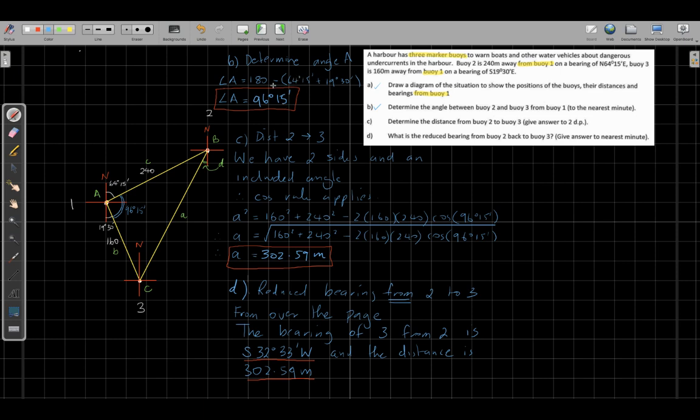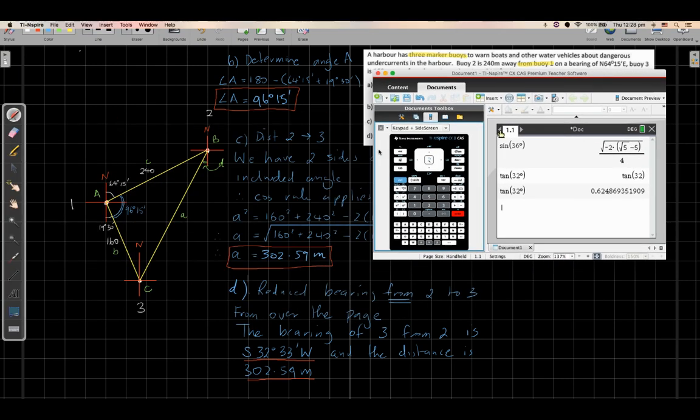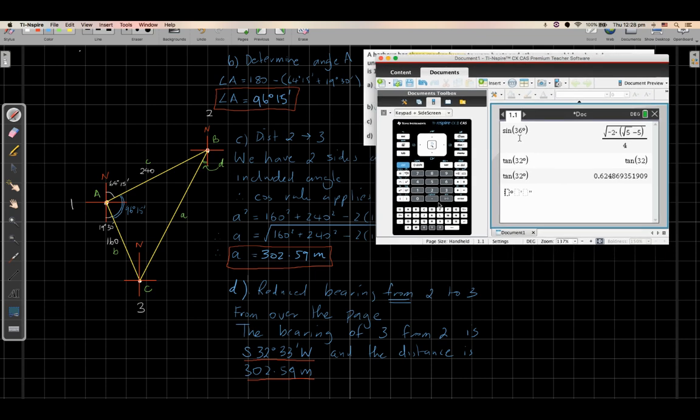So 180 minus bracket, click on your little button underneath, bring it up here so you can see it. Little demo. Okay, so that button there. You can put it in degrees, minutes, and seconds, and I'll give you a little demonstration. So 180 minus, whoops, I'm going to get rid of that, sorry.